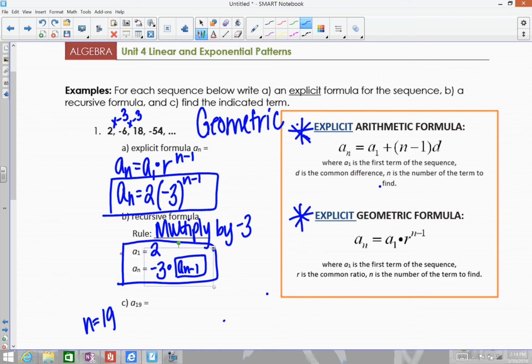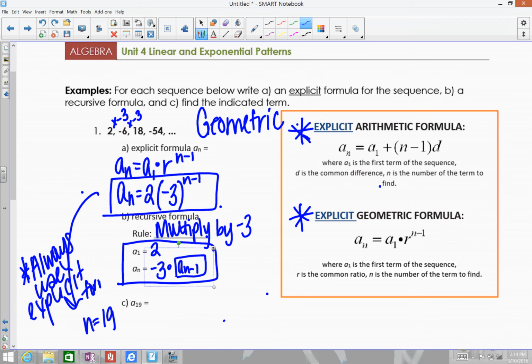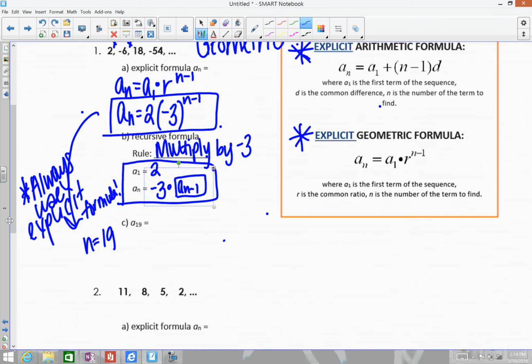Then you'd have to know the 18th term to plug in, and you don't know that. So what you want to use is this explicit formula. I'm just going to draw an arrow down and say always use explicit formulas. Whenever you want to find a term number, and it's not the first term or the second term, you want to know your explicit formula.